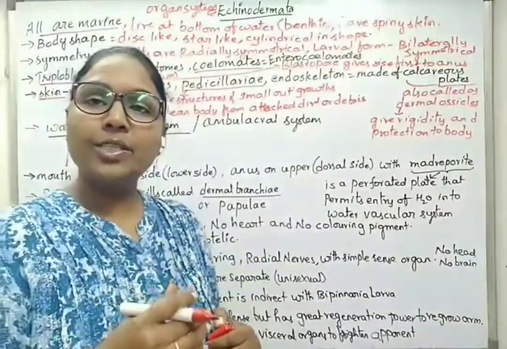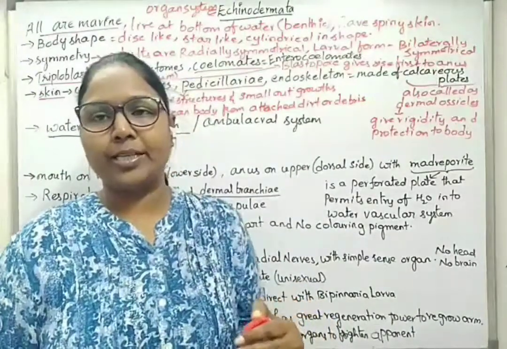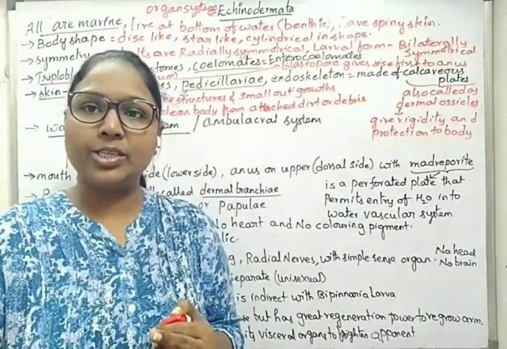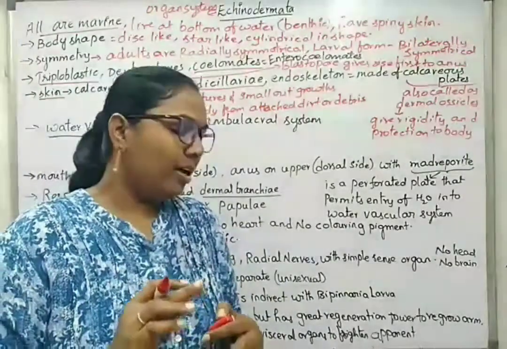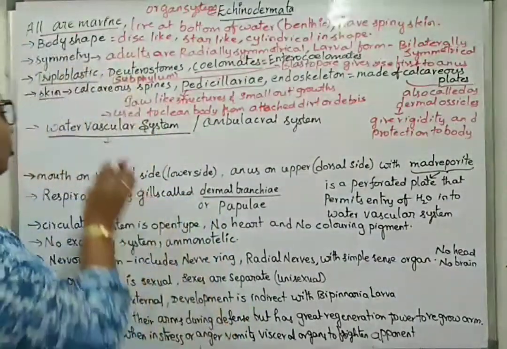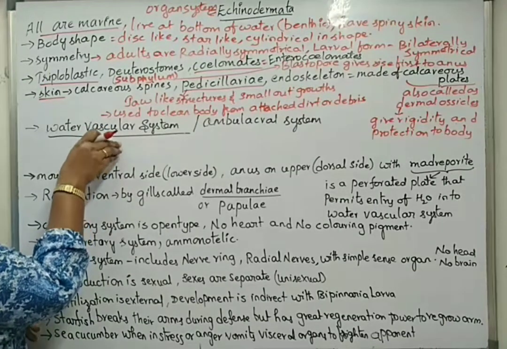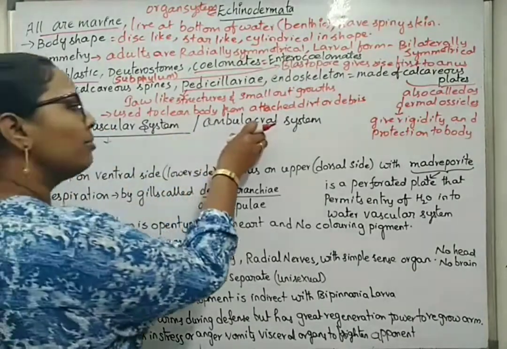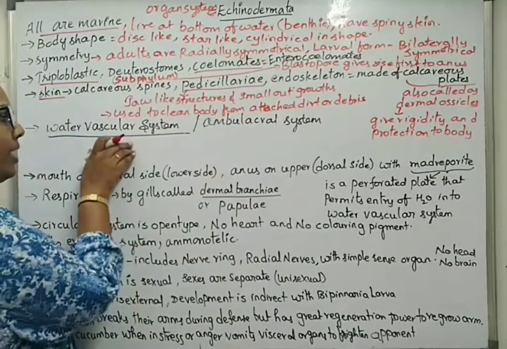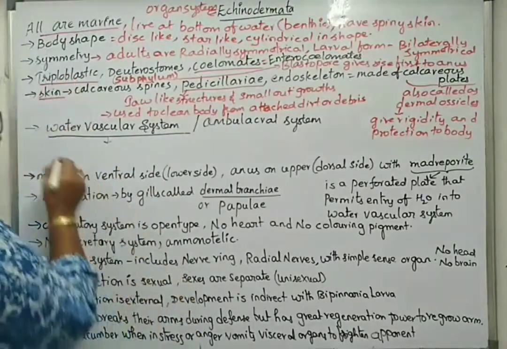This water enters different canals from the madreporite and supports locomotion, respiration, excretion and also capturing of food, so it does multi-purpose work. The group of canals which constitute the water vascular system are doing multi-purpose works. So this is a very important, distinct or unique feature of echinoderms.